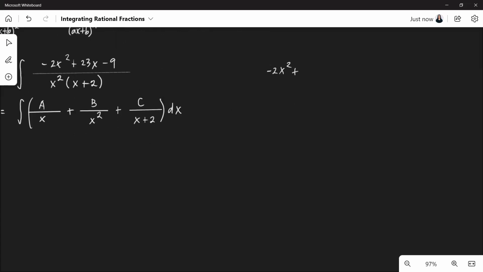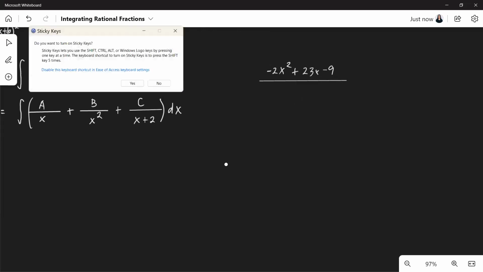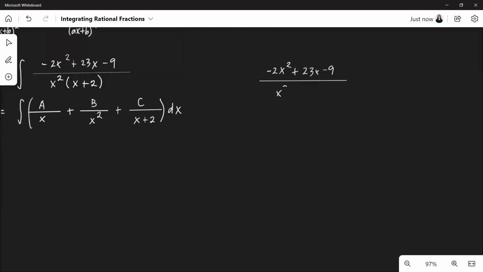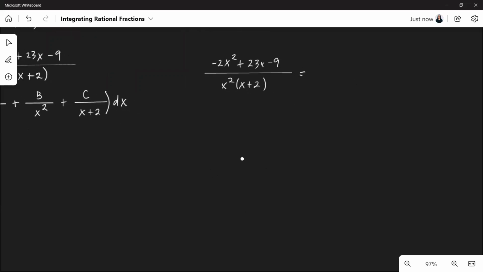Just copy the fraction, put it on the left side of the equation, then the partial fractions on the right side. So again, this corresponds to a over x plus b over x squared and c over x plus 2.